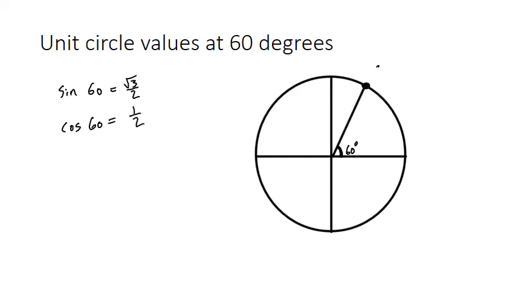So if we did our point here, remember cosine goes first, it would be 1/2, comma, radical 3 over 2. This value occurs at 60 degrees, which, what would be the radians for 60 degrees? It would be pi over 3, so pi over 3 radians.